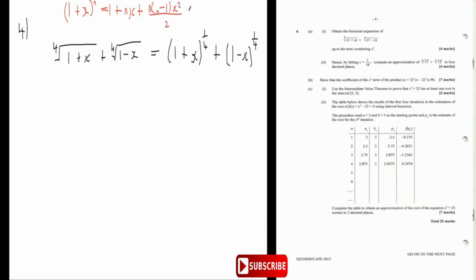All right, this is known as the extension to binomial theory. You remember that? And this we're going to use to tackle this easy question.